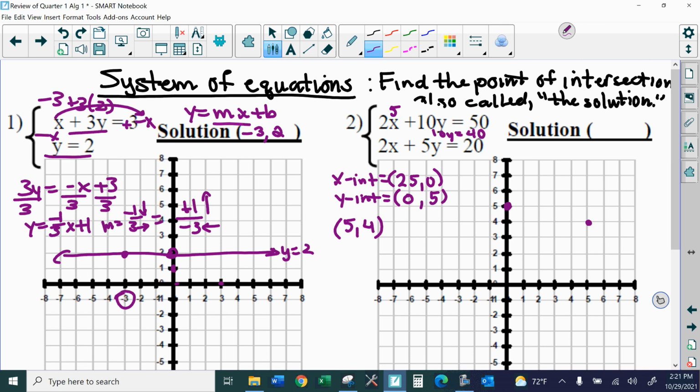The reason this is a good one is because there's a chance you're going to see one like this on the DCAS, where if you put it in slope-intercept form, I wouldn't be able to graph everything nicely. Well, I would be able to in this case. If I had gone y-intercept form, it would have worked out nicely, and I would have got that right away. I was trying to show you a different way with standard form, but in this case, standard form would have taken me off the graph.